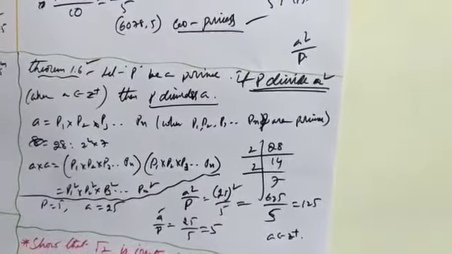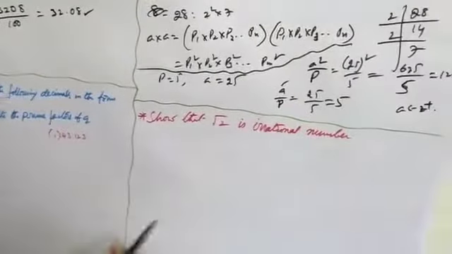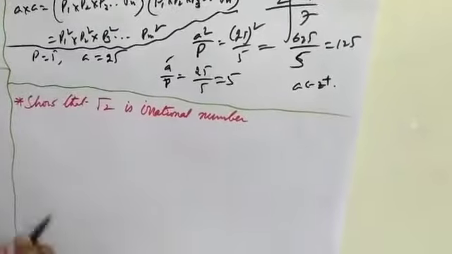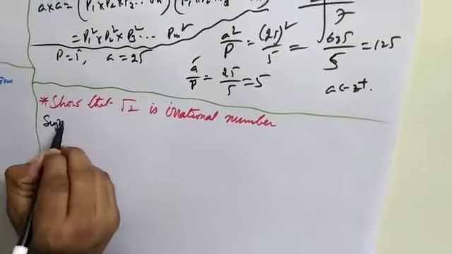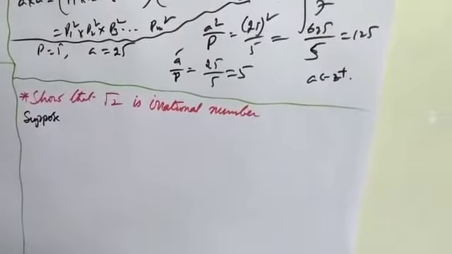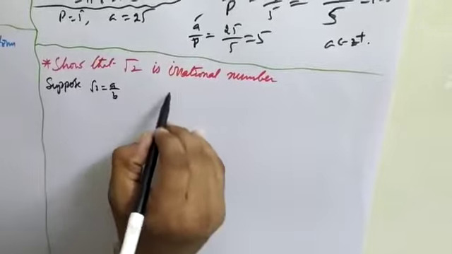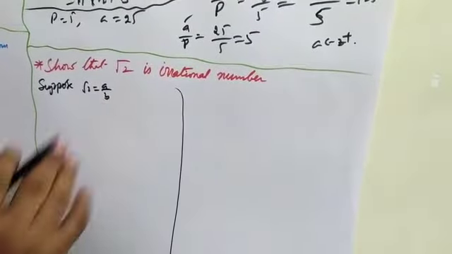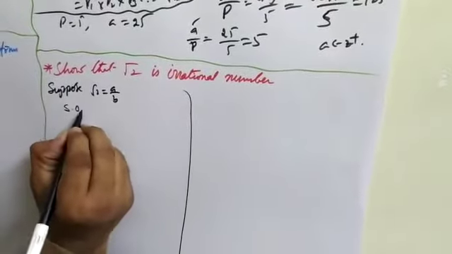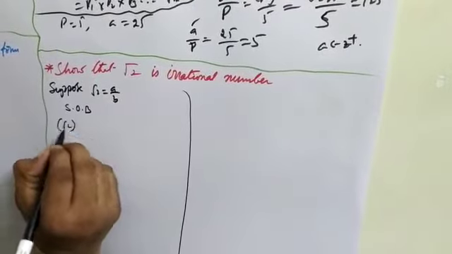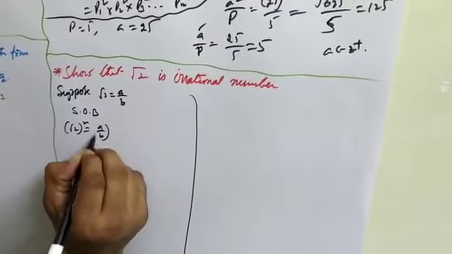Show that root 2 is an irrational number. Suppose root 2 is a rational number, of the form A by B. Squaring on both sides, root 2 whole square is equal to A by B whole square.